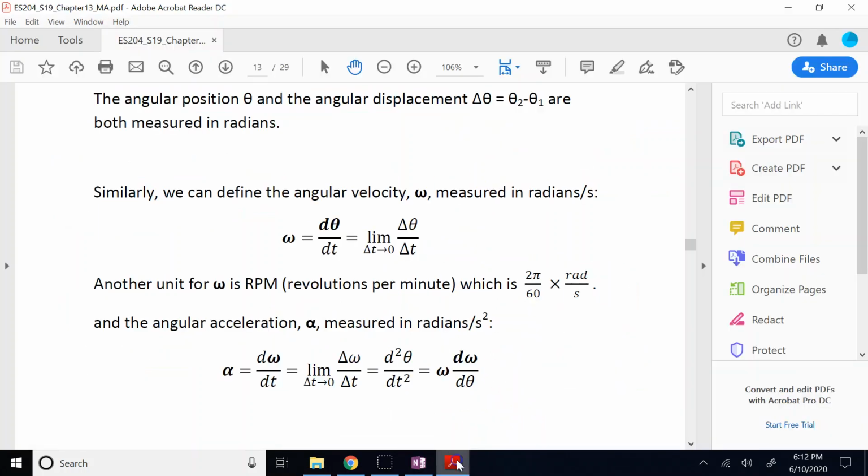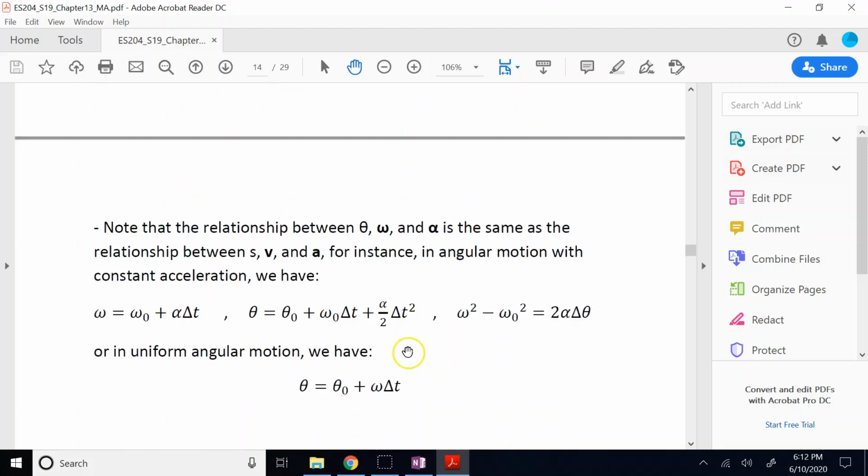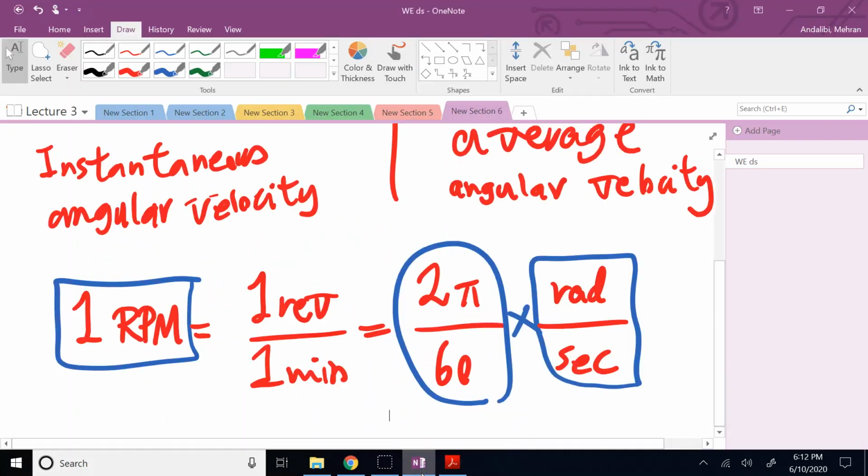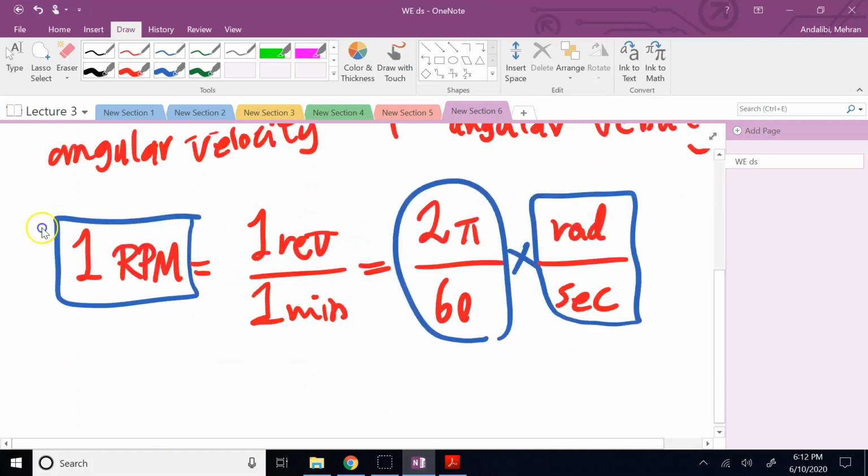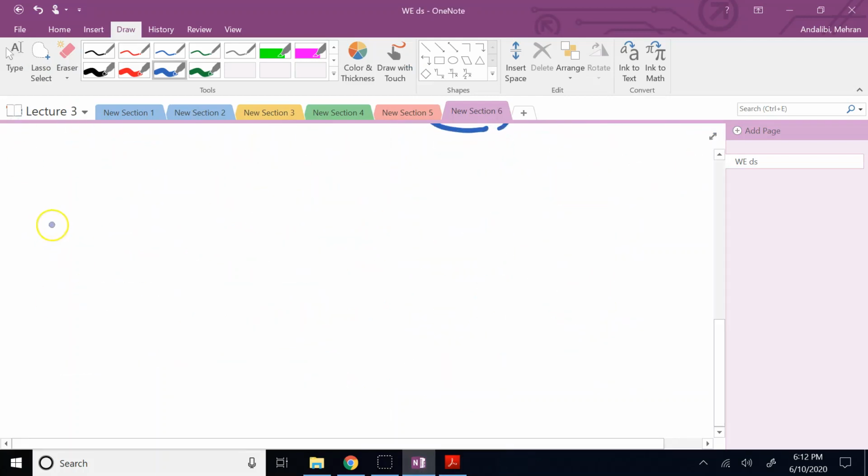Similarly, I can define the rate of change of omega and call it angular acceleration alpha. So alpha is d omega over dt, or the second time derivative of theta. I can also define an average angular acceleration. Alpha, the instantaneous angular acceleration, is d omega over dt.